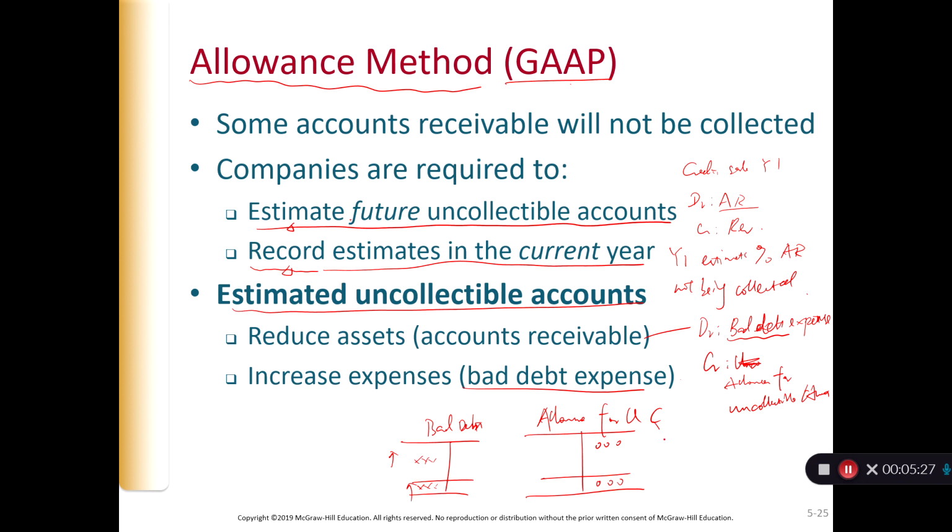And this is a contra asset account, meaning it's reducing the asset. So by doing this transaction, you are increasing expense and also decreasing asset. It balances, right? Because expense and assets are on the same side.